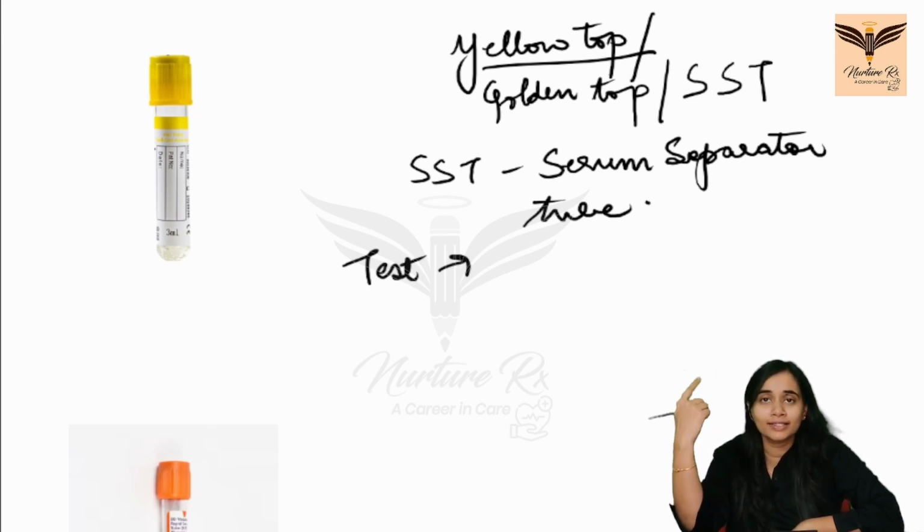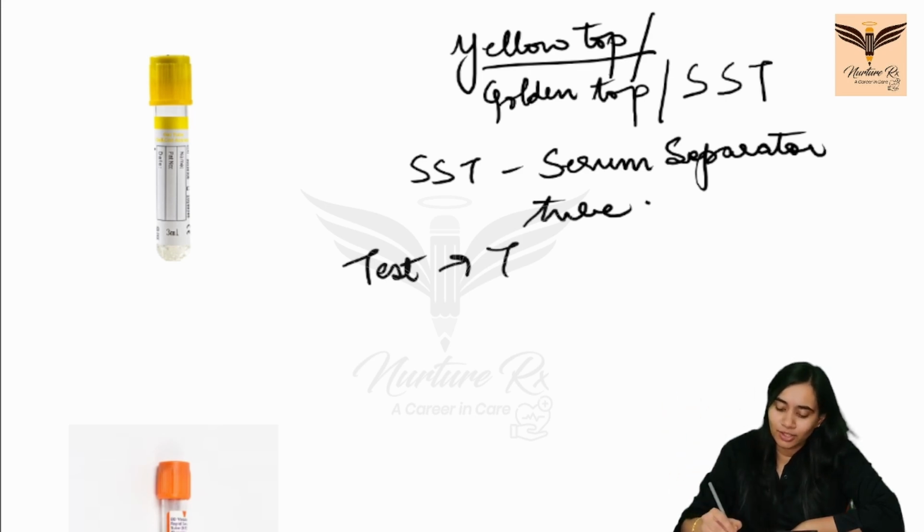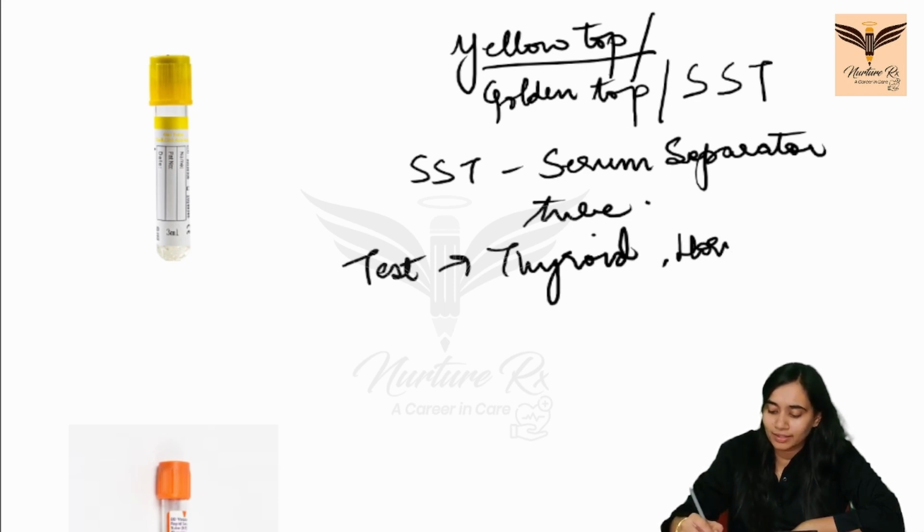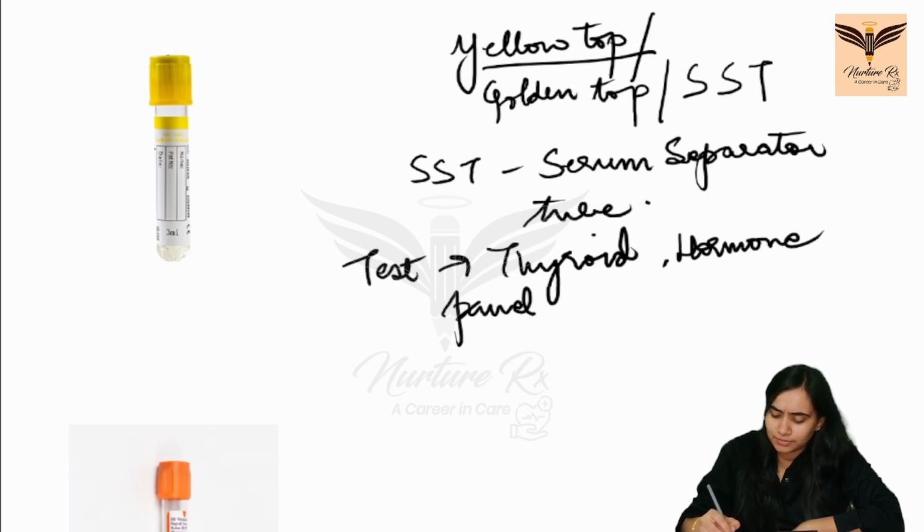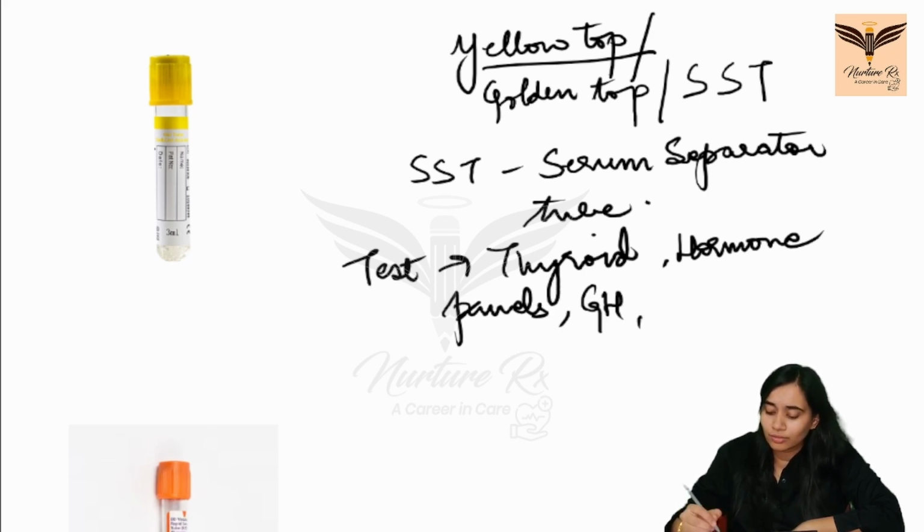So we saw that the endocrine tests are done in the red top. So what is the test left for this? First of all, thyroid. What other test? Hormone panels. All the hormones. Then your growth hormone and ADH.